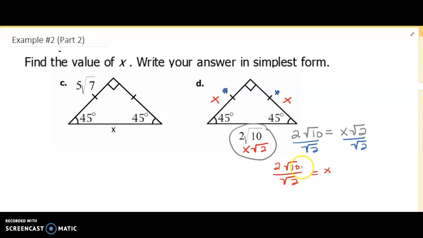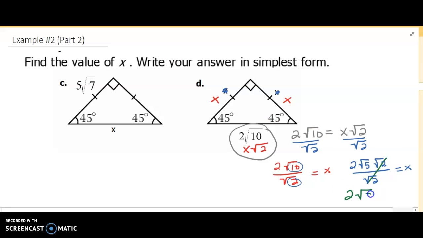equals x. Now there's a couple ways I can solve this, but the thing I see is that 10 and 2, I can break 10 apart. So I can say that 2 square root of 10 is the same thing as 2 times square root of 5 times square root of 2 over square root of 2. And the reason I did that is because square root of 2 and square root of 2 cancel.